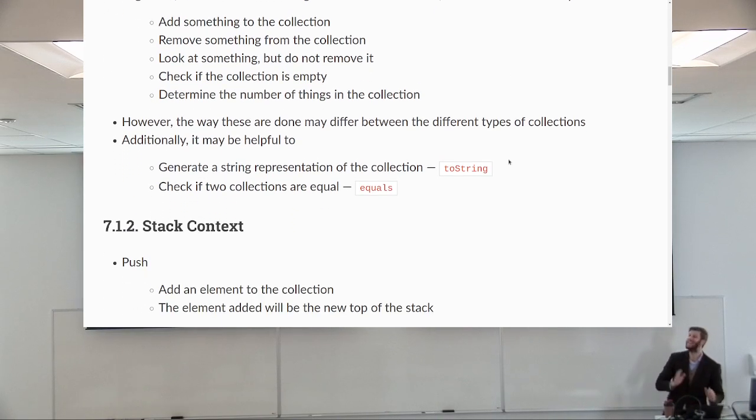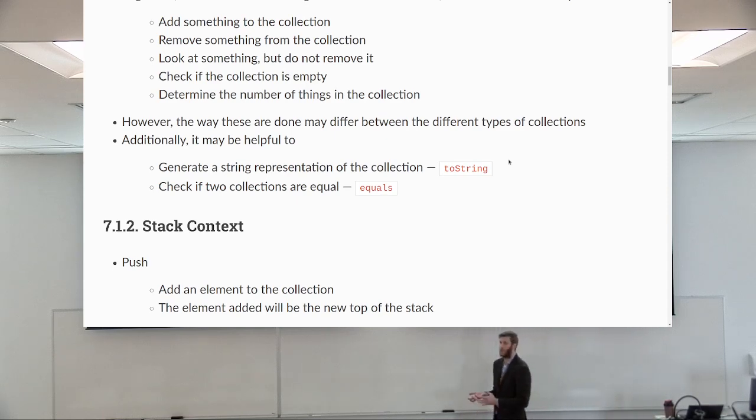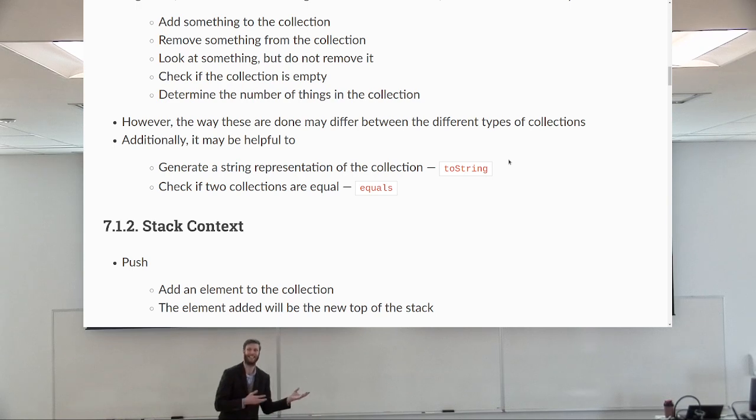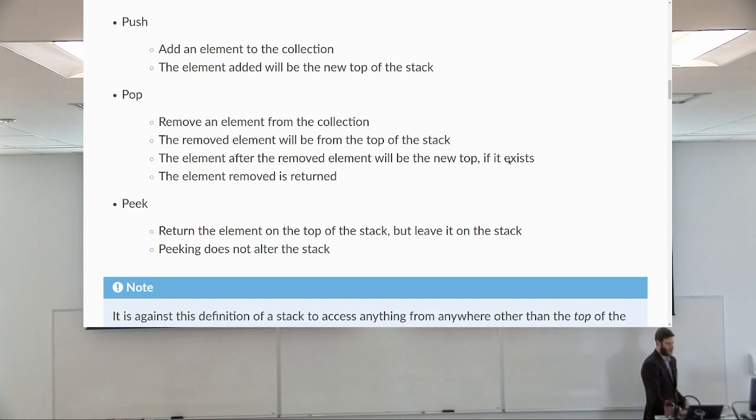However, the way that we do the adding, the removing, and whatnot will differ depending on what the data structure is, what the abstract data type is. If it's a stack, we do it one way. If it's a queue, we do it another way. So when focusing on a stack, we say push. Well, that's adding something to the collection.